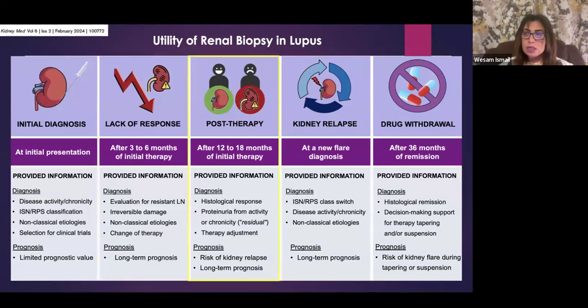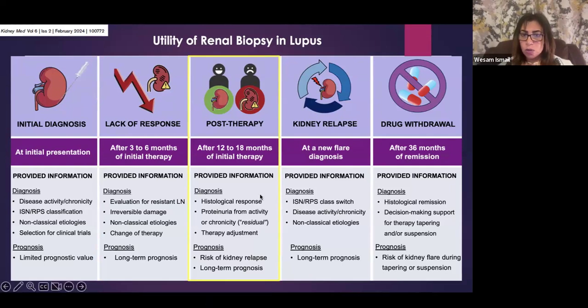In my opinion, what's even more important is that you need to have a post-therapy biopsy, which is after 12 to 18 months of initial therapy. Some currently call it a protocol biopsy or lupus surveillance biopsy. After 12 to 18 months of initial therapy from the first presentation of the patient, you really need to take a biopsy.